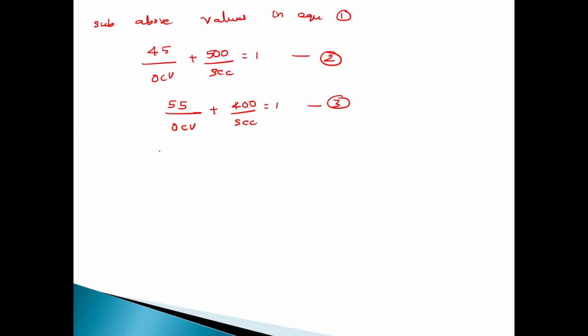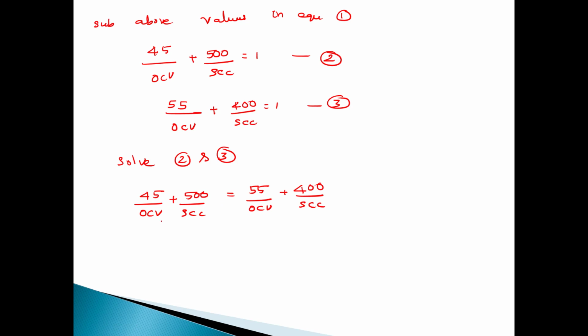So we are getting two equations. Solve 2 and 3. So now we will equate 2 and 3. 45 minus 55 divided by OCV, which is equal to 400 minus 500 divided by SCC.